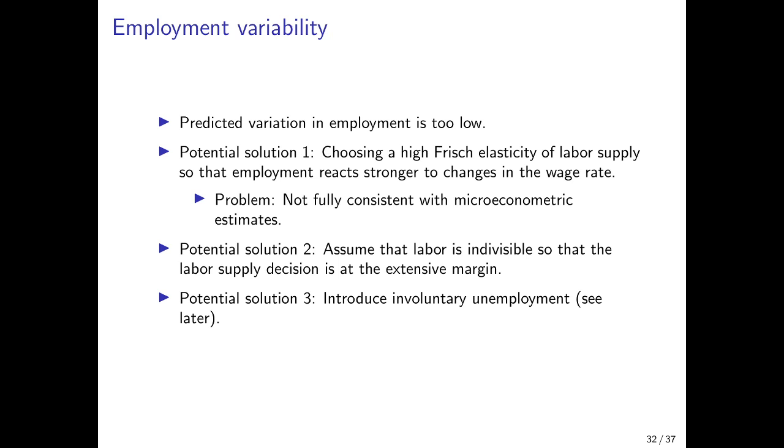In this case, the Frisch elasticity of labor supply is higher for this choice at the extensive margin, so whether to supply labor or not, and the model would be more consistent with the data on the Frisch elasticity on the one hand and the variability of employment on the other hand. But there is also a potential third solution, and that is to introduce involuntary unemployment, which we will see later on.